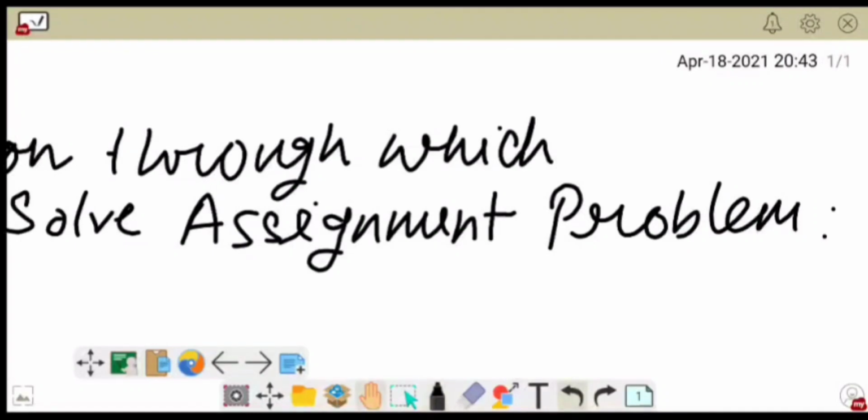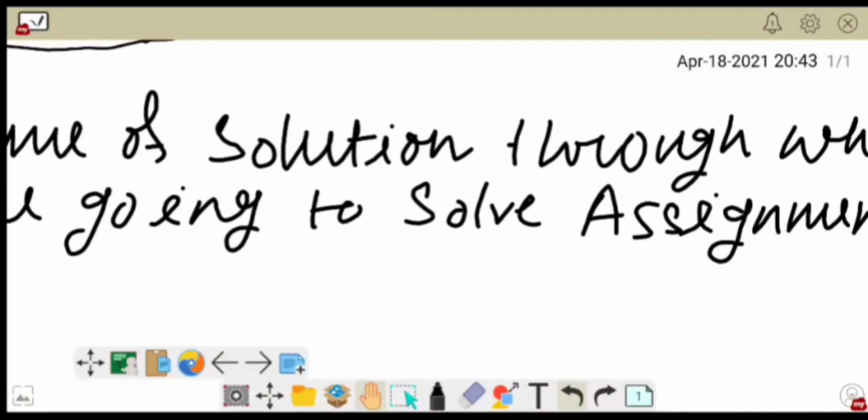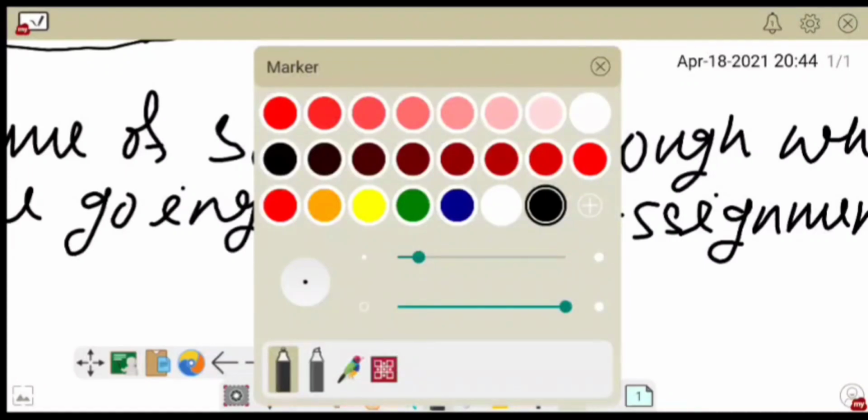There are so many kinds of solutions or methods to solve this assignment problem, but we'll learn the easiest and most famous method in operations research.